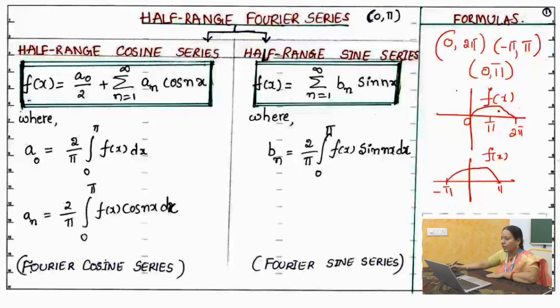If we calculate the Fourier series expansions in the interval 0 to 2 pi and minus pi to plus pi for the function f of x, now we are going to discuss the half-range Fourier series, nothing but from 0 to pi.